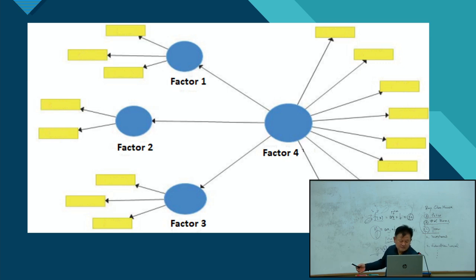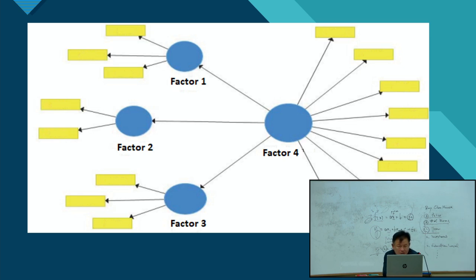So factor 1, factor 2, factor 3, factor 4. Factor 4 impacts factor 1, factor 2, and factor 3. Also, factor 1 is 3 kinds of data.